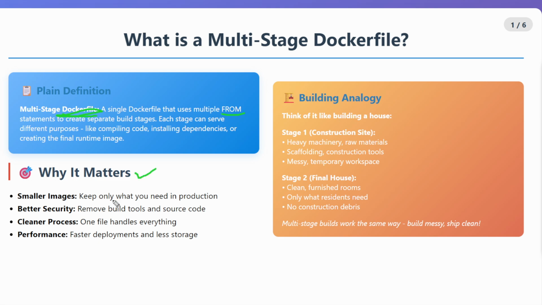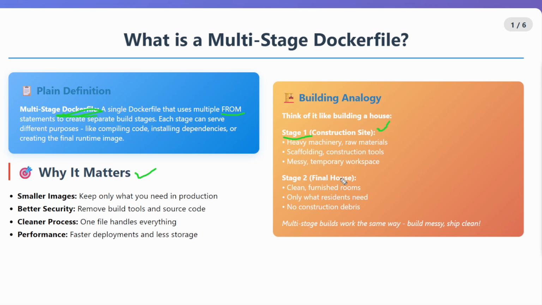Let's first see a small analogy, a kind of non-technical example. Think of it like building a house. In stage one, you have a construction site: heavy machinery, raw materials, scaffolding, construction tools, a messy temporary workspace. That is the first stage.